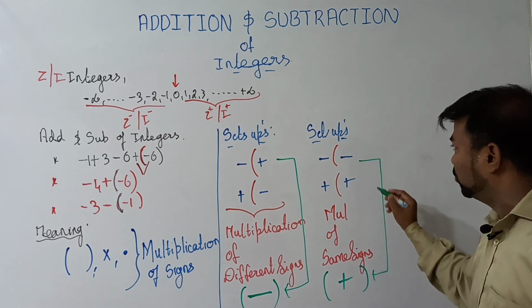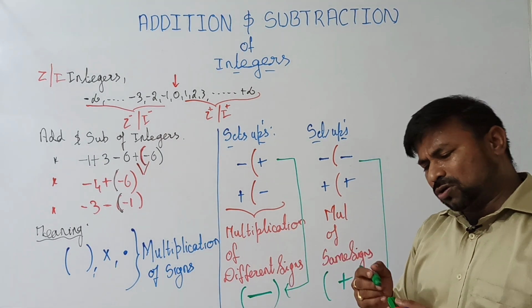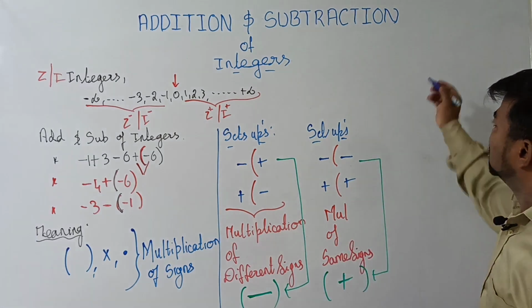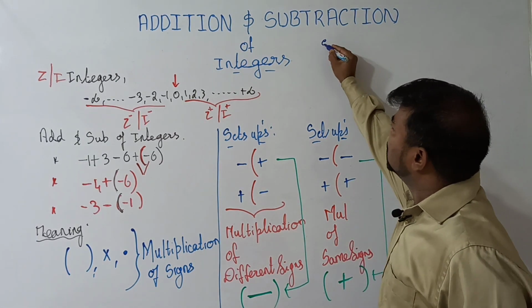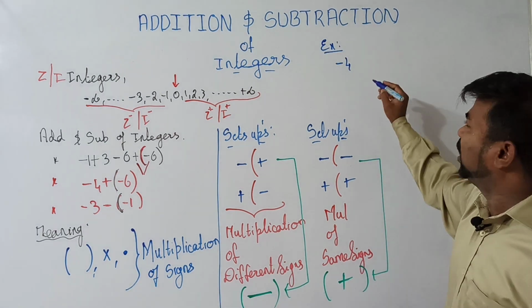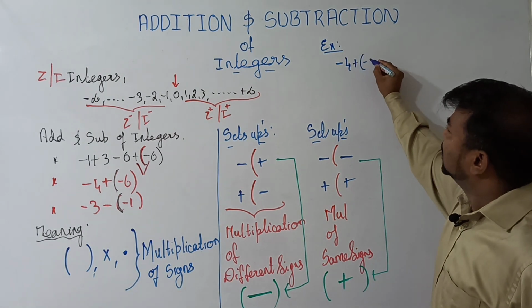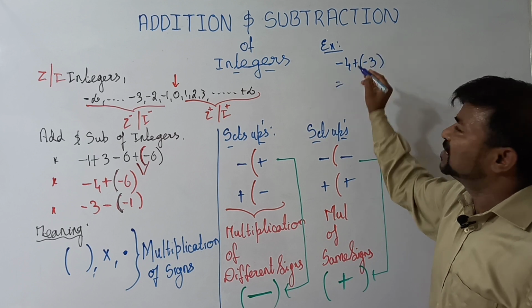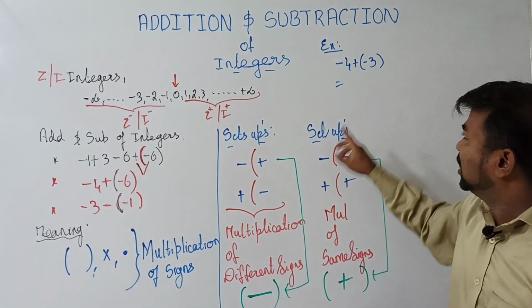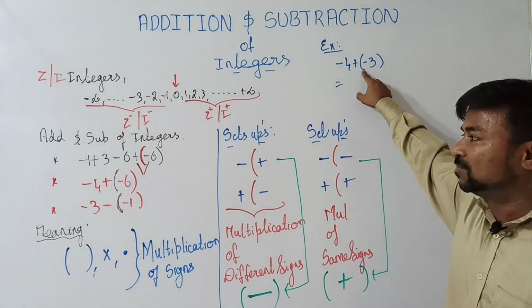This is what we are supposed to remember. For that, let us do a few sums. I'll be dealing with a few examples here. See here, -4 plus into minus 3, here comes the sum. How do you know it is multiplication? See the sign here, it is nothing but multiplication.